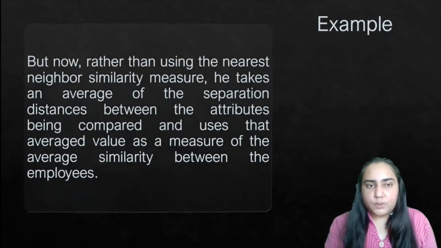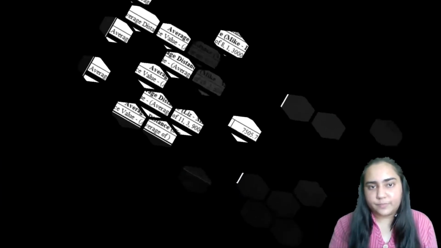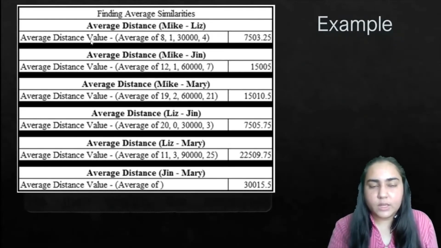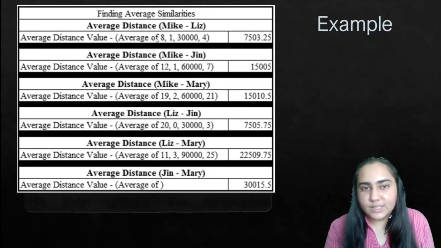Rather than using the nearest neighbor's similarity measure, he takes an average of the separation distances between the attributes being compared and uses that averaged value as a measure of the average similarity between the employees. So this is how it's done. How to find average similarity? By just taking the average of those distances we calculated.